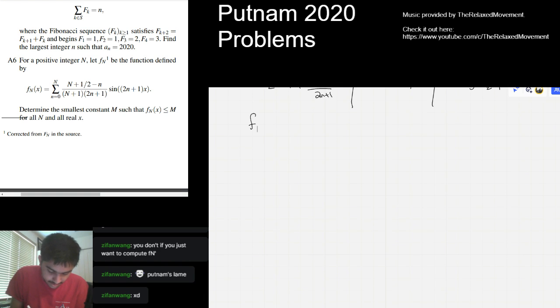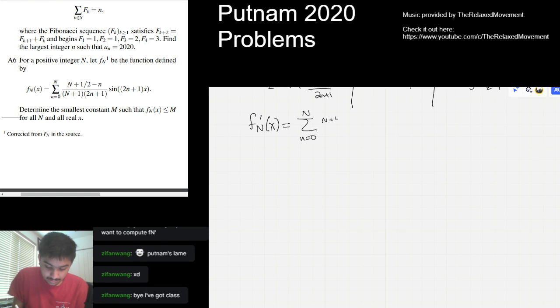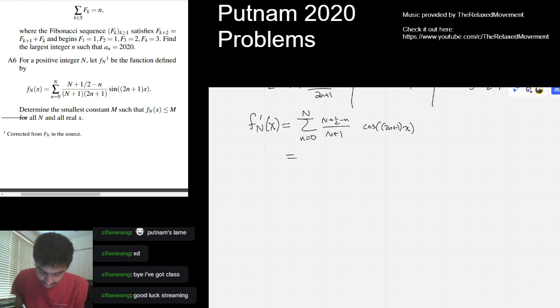So fn prime of x. So we're essentially just computing the derivative of the function.